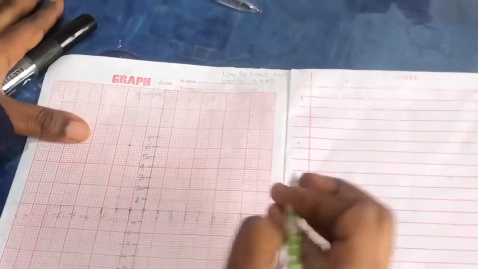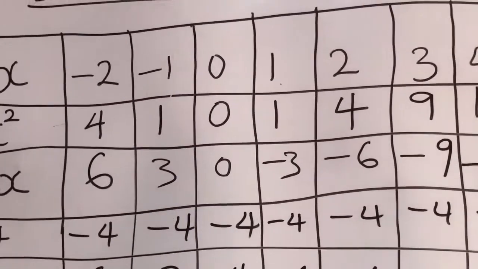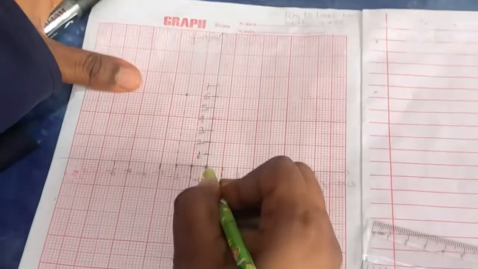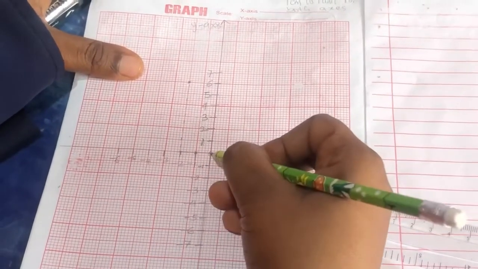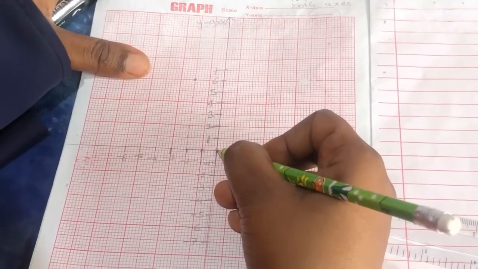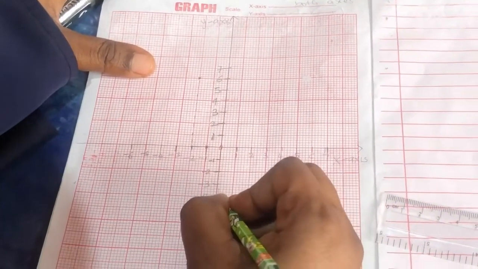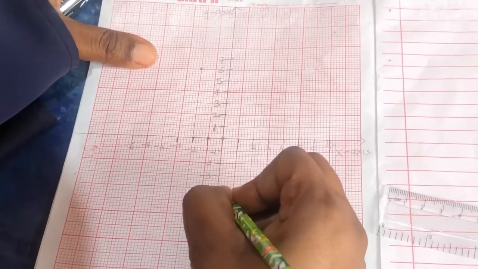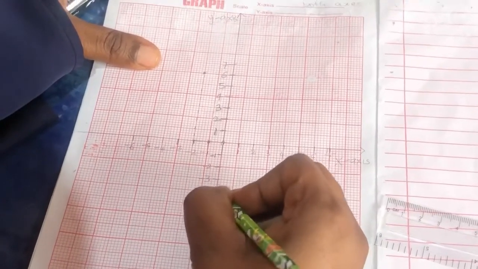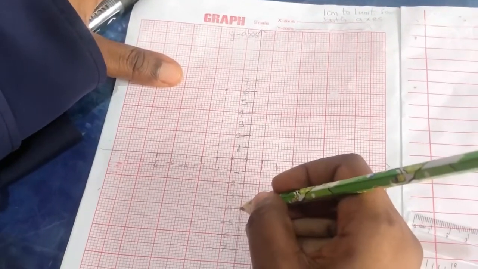So when x is equal to 0, y is equal to minus 4. So let's trace it to meet when y is equal to minus 4. So we are drawing it like that, and you asterisk it exactly.